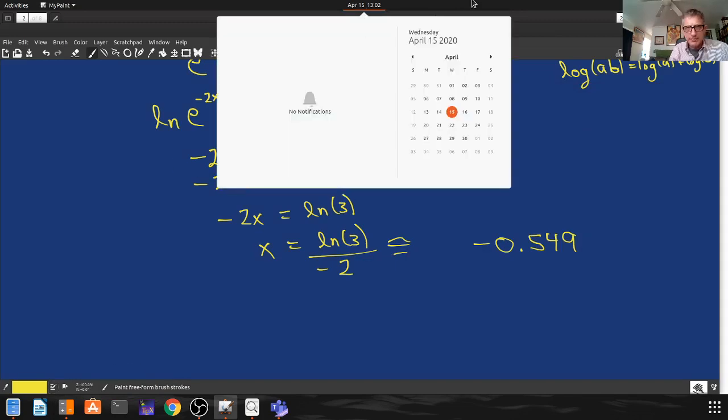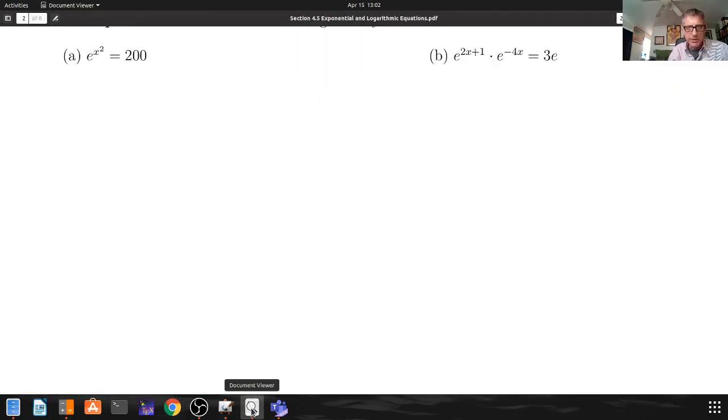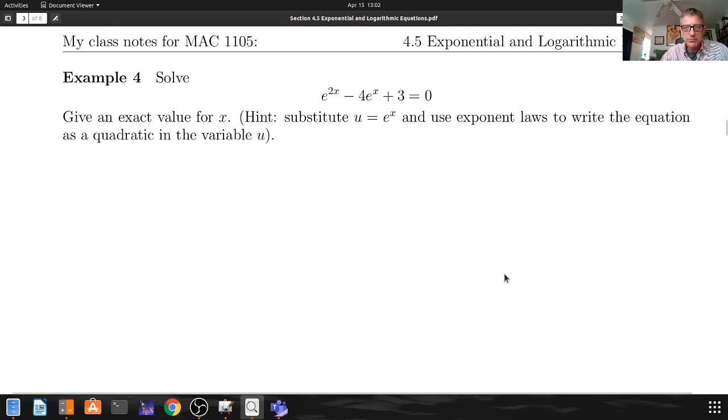Okay, let's go back to here. So here's going to be an example where we use the substitution method. Here's the hint we will have to take.